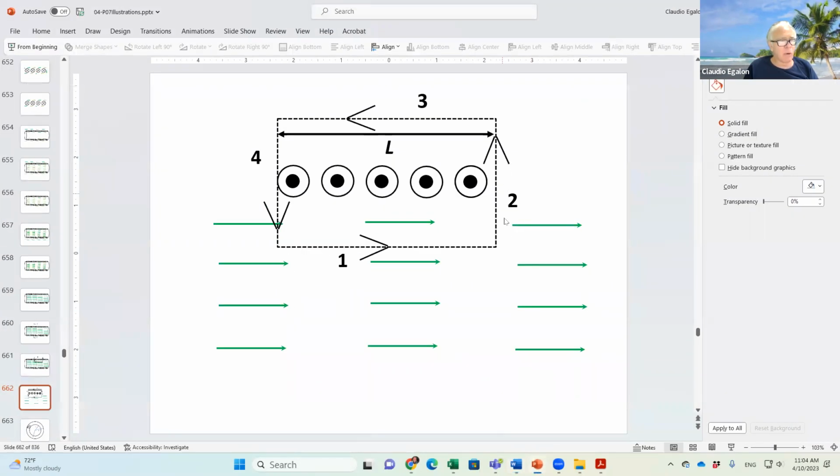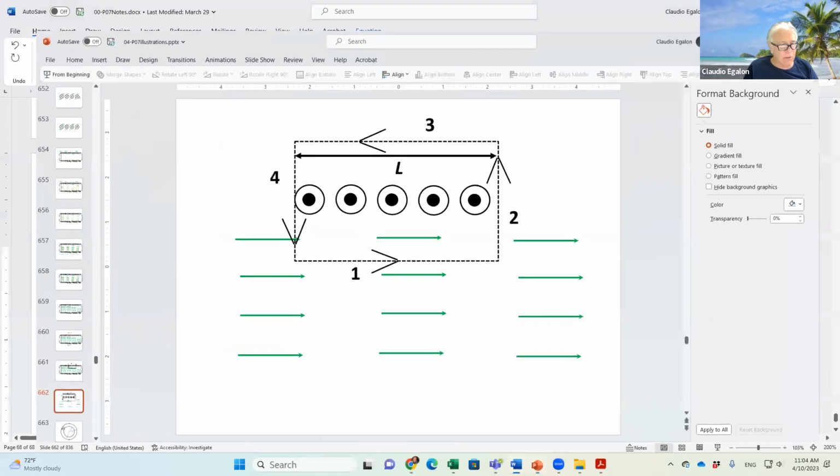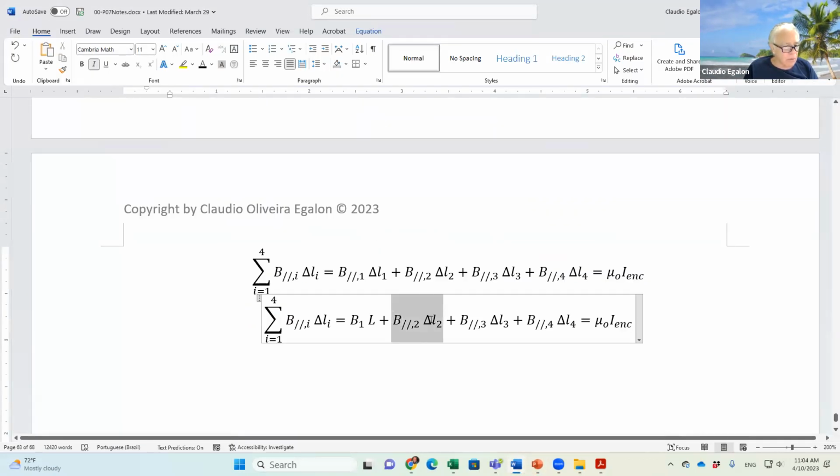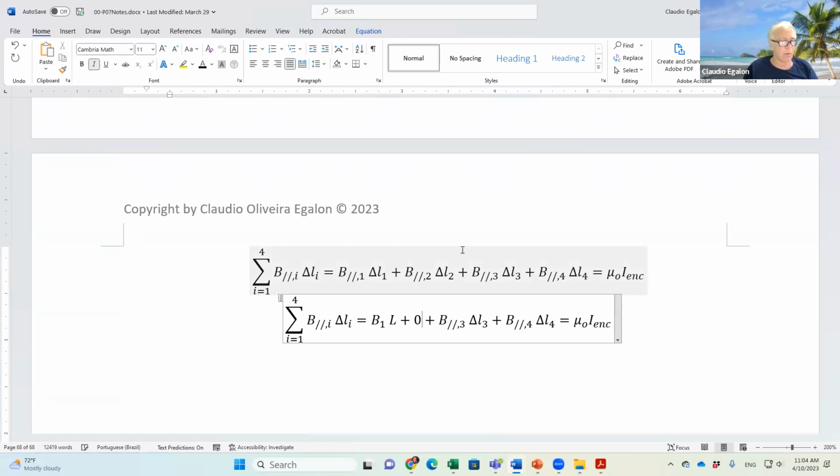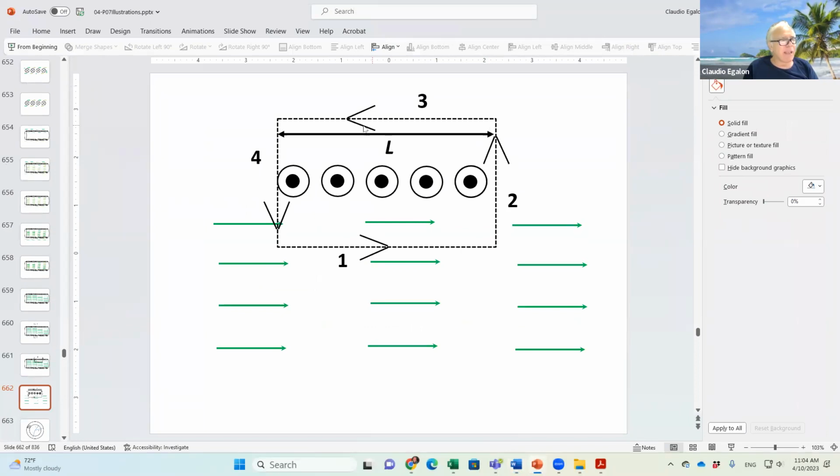What about the B2? Do you have a component of the magnetic field parallel to this direction here? This direction is vertical, and there is no vertical direction of the magnetic field. Consequently, the second term here is going to be 0. What about here in the horizontal direction?